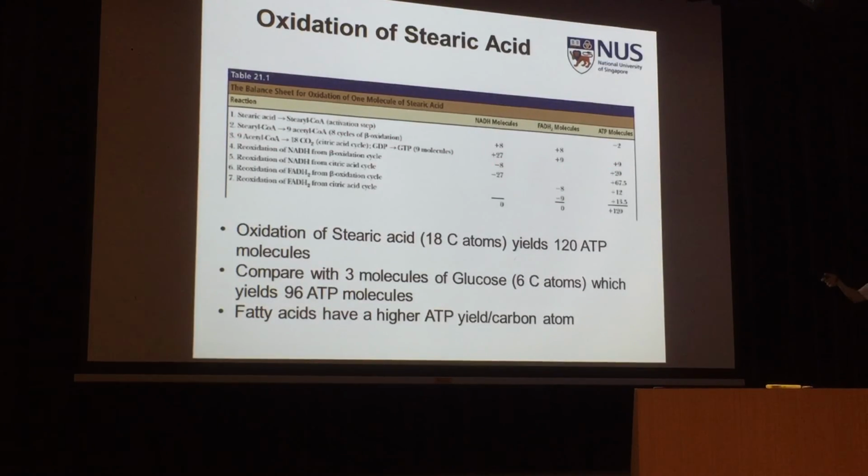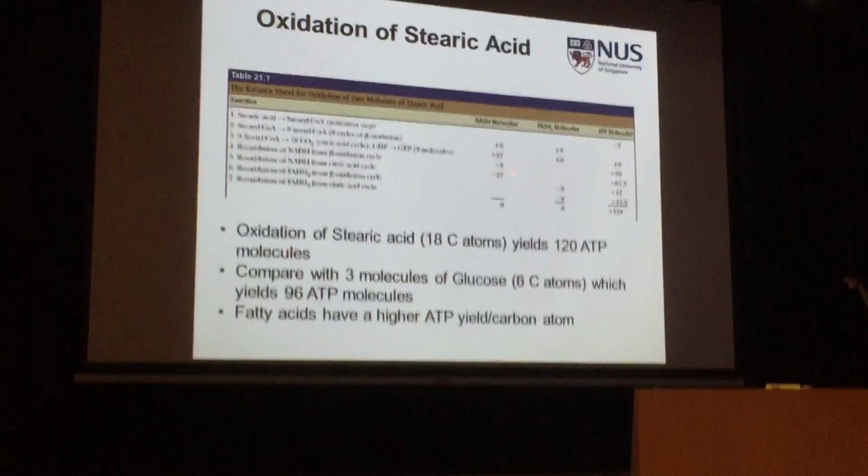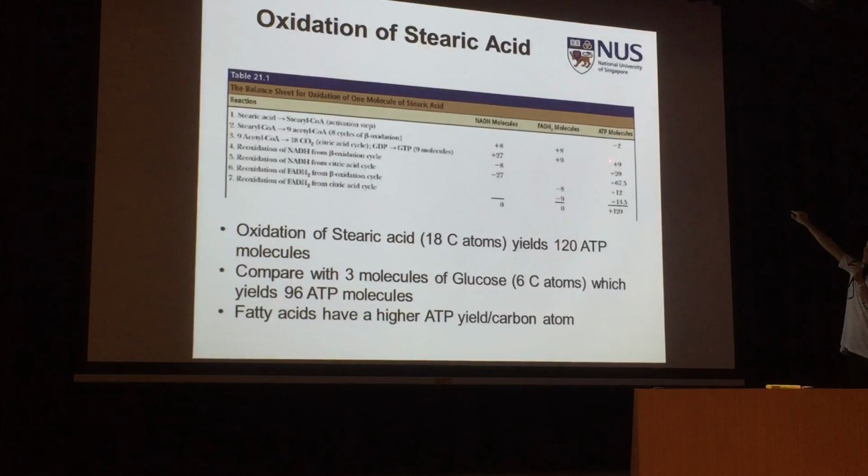And all these then tell you what we do during the electron transport chain. Over here they just added the substrate level ATP molecules, so 9.